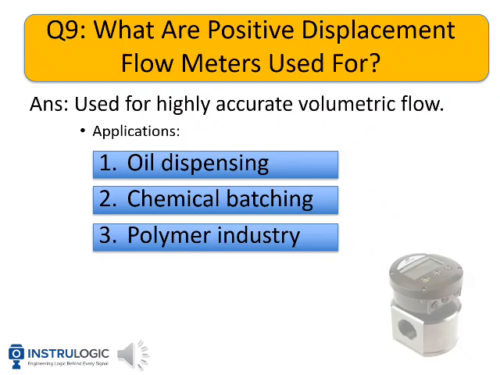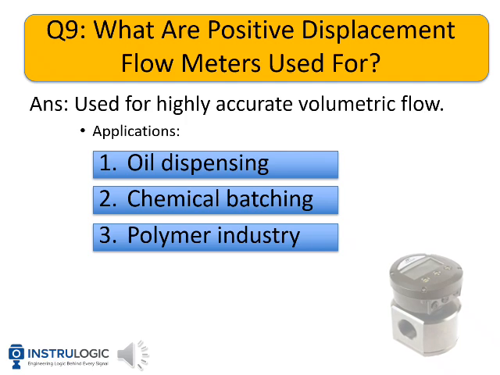Question 9. What are positive displacement flow meters used for? These meters are used for highly accurate volumetric flow measurement. Unlike other meters that estimate flow based on velocity or pressure, positive displacement meters measure the actual volume of fluid passing through. Where do we use them?